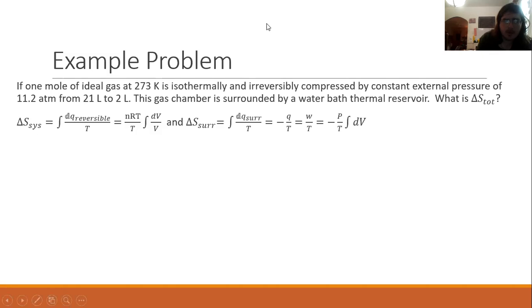We can say PV equals nRT. We're essentially saying P equals nRT over V.